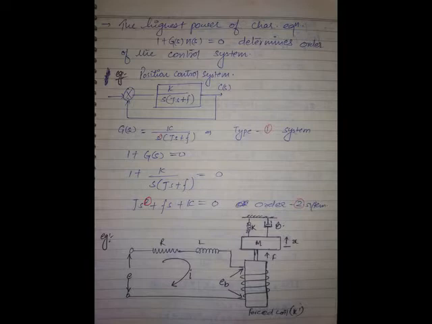So it amplifies this voltage to the requirements of the next stage with a gain of K. Output of the servo amplifier is going as input to armature controlled DC servo motor. This is an armature controlled DC servo motor.